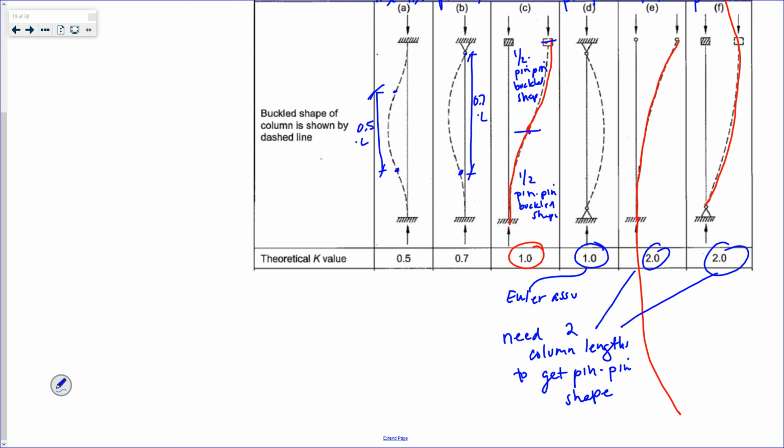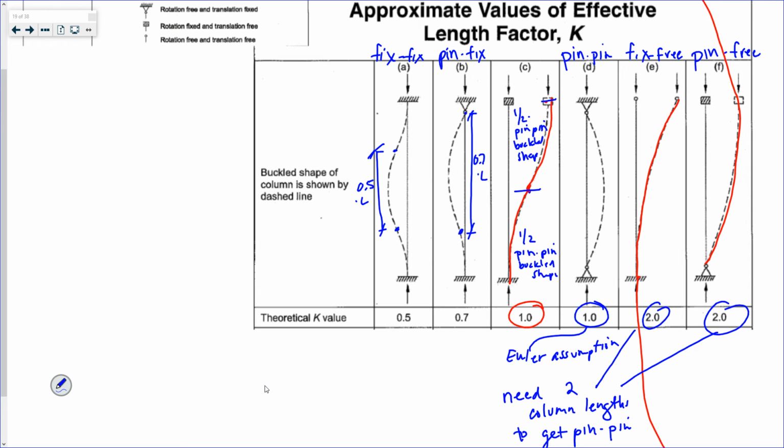Remind ourselves that pin is our Euler assumption.